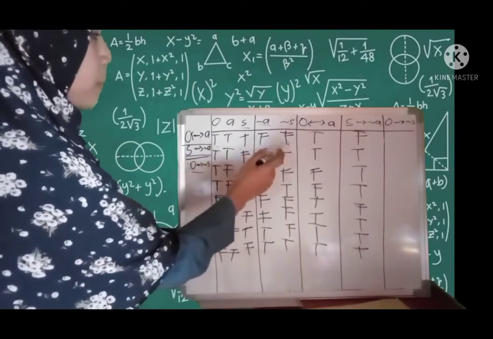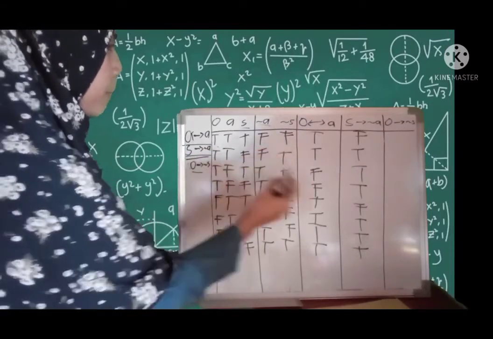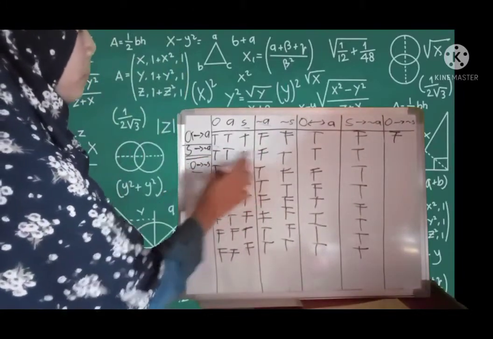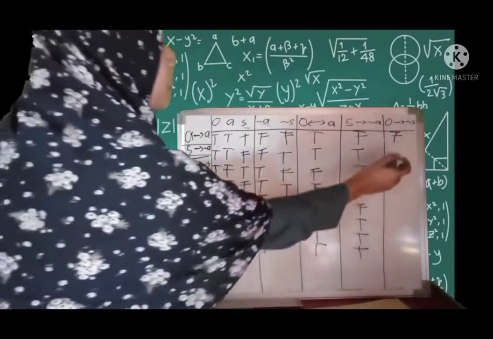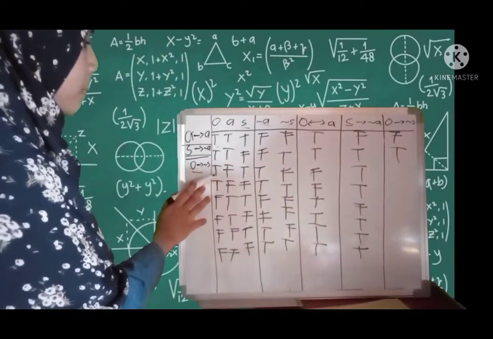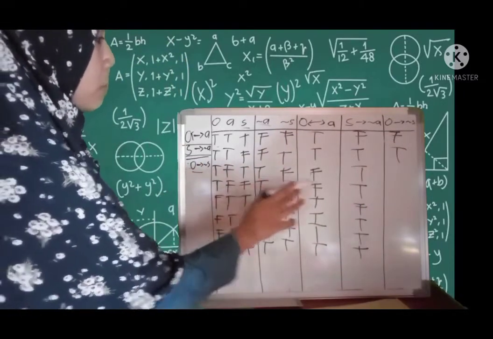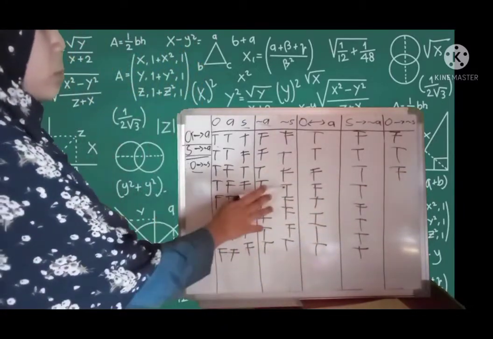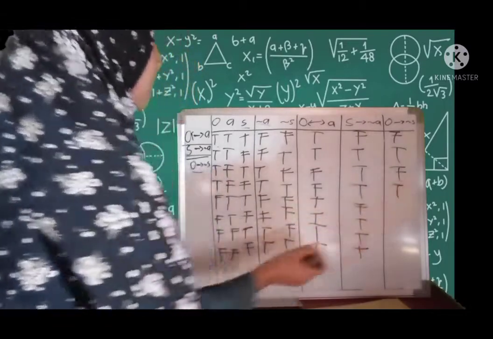Pag true dito at false din yan, ang equivalent ay false. Pag true to and true, syempre true din yan. Then, pag true to at false to, equivalent ay false. Pag true naman to at true din yan, true din ang ilalagay.